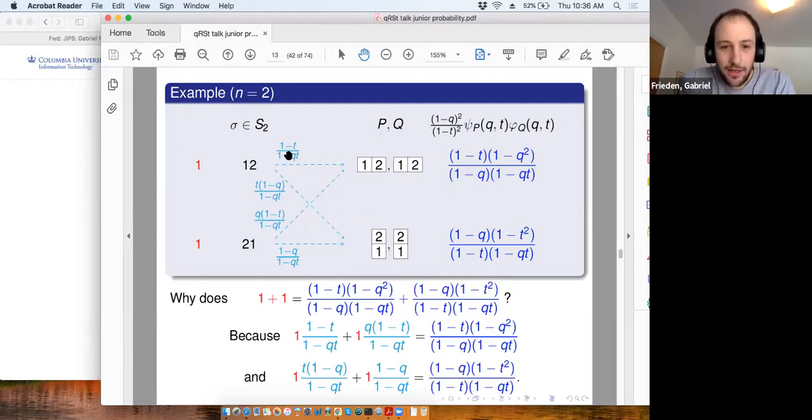And maybe one other thing I should point out is if you set q and t both to 0, this becomes 1 and this becomes 1. So you recover the Robinson-Schensted bijection.